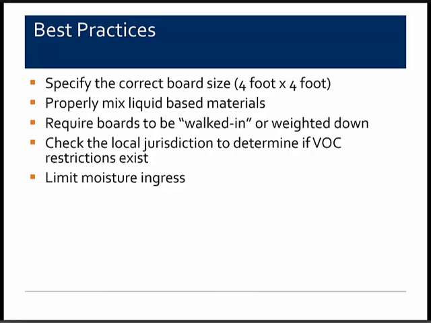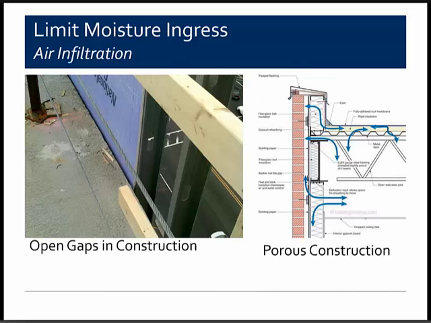You also want to limit the moisture ingress. The open gaps in construction allow air infiltration, which in essence carries the moisture into the roof assembly. Porous construction is a typical thing we see in our day-to-day lives.